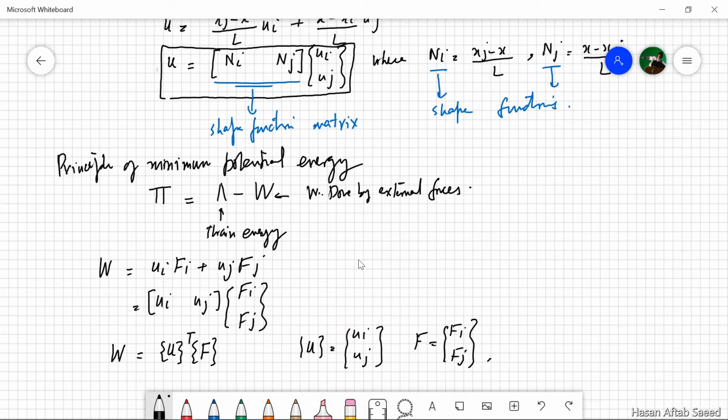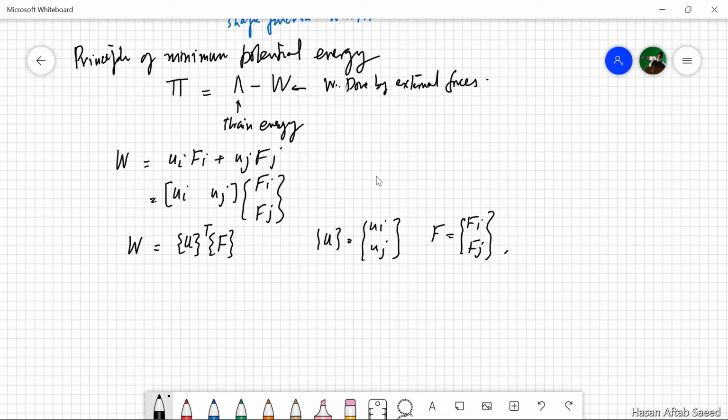So much for W. As far as strain energy lambda is concerned, the general expression for strain energy is the dot product of the strain vector and the stress vector, integrated over the whole body. Now in this case, it's a 1D problem.